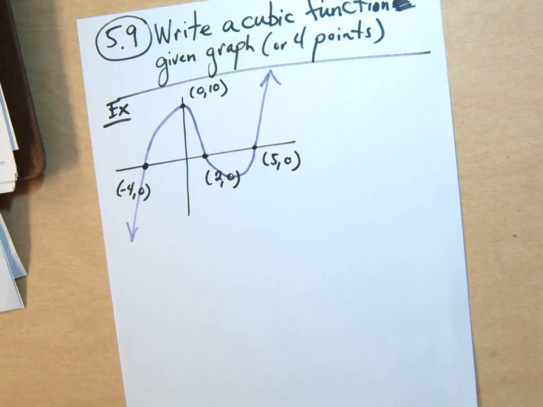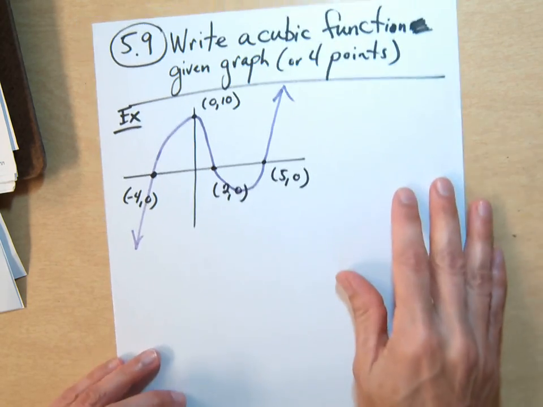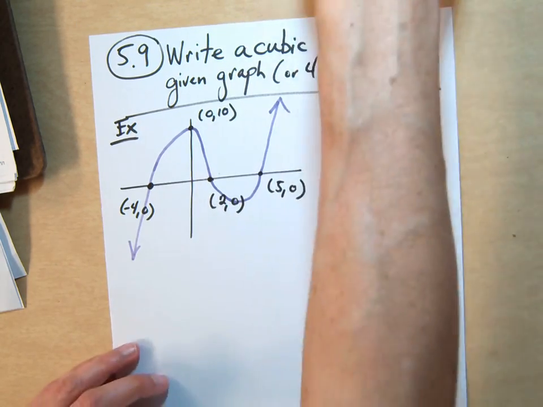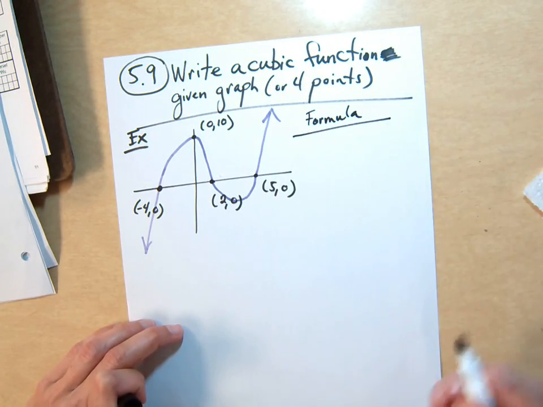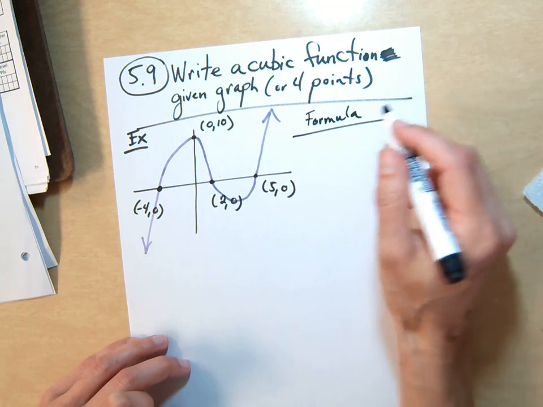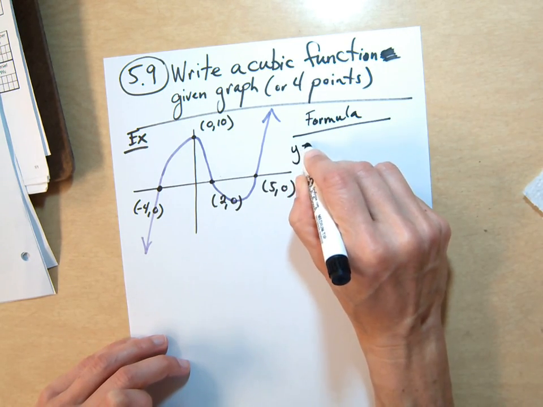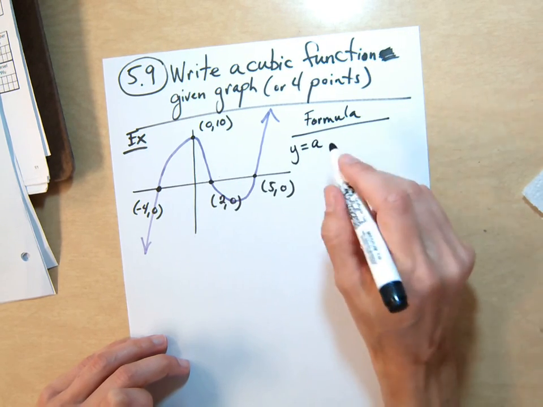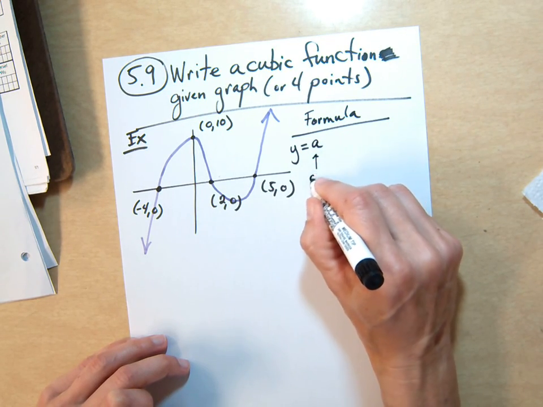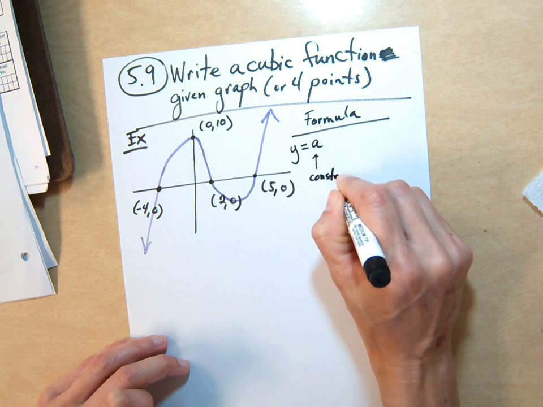For this particular skill that we're doing in this section, you just need this formula, which you won't be given because it's very intuitive. It goes like this: y equals, and you have some constant here that you're going to find, and you're used to that from quadratics.